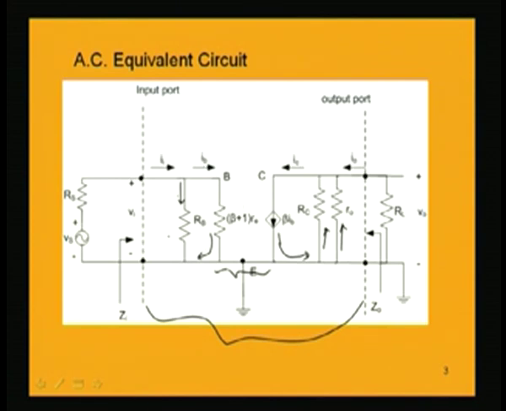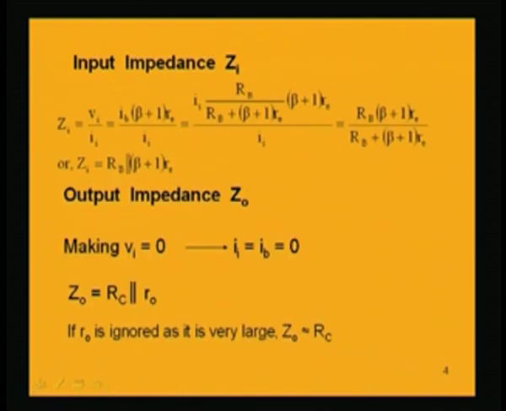We can find it in two ways: the current flowing through Rb multiplied by Rb, or the current Ib multiplied by this resistance (beta plus 1) Re. We will follow the latter, so the input voltage expression is Ib into (beta plus 1) into Re, and the denominator is Ii.